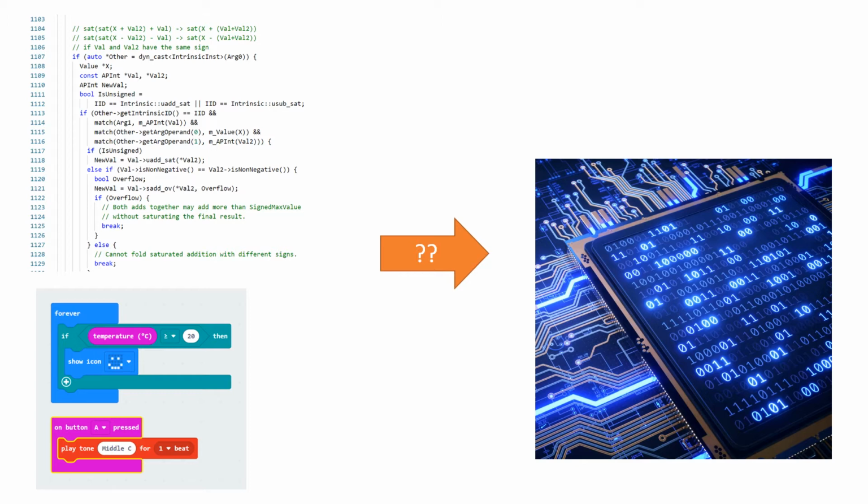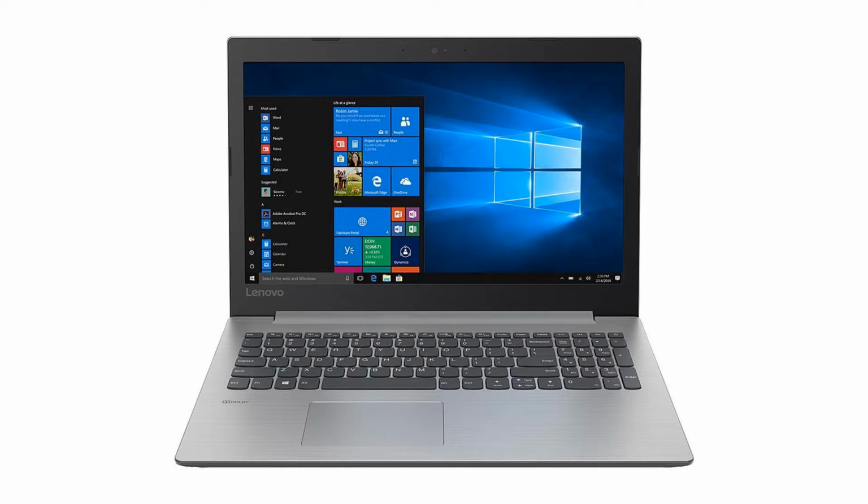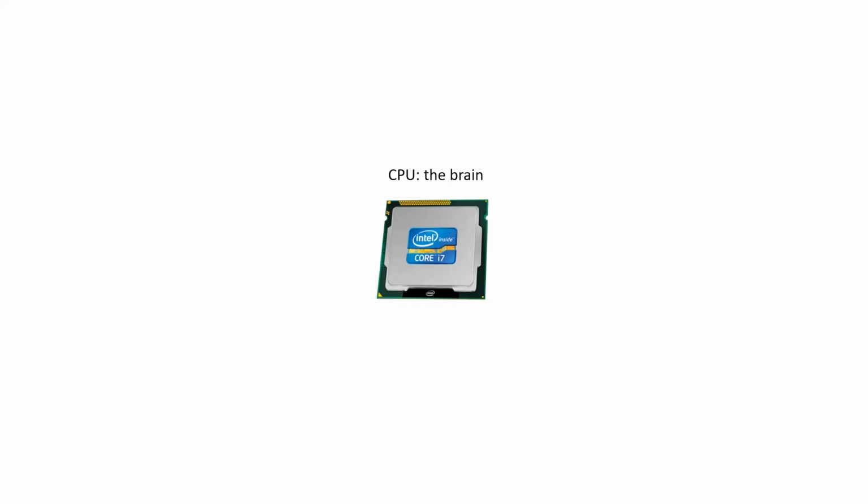But let's take a step back and have a look at what's inside our computers. So in the middle, we have the brain, which is called the CPU. And here on the slide it looks pretty big, but what's actually inside is the size of your nail. It's very small.